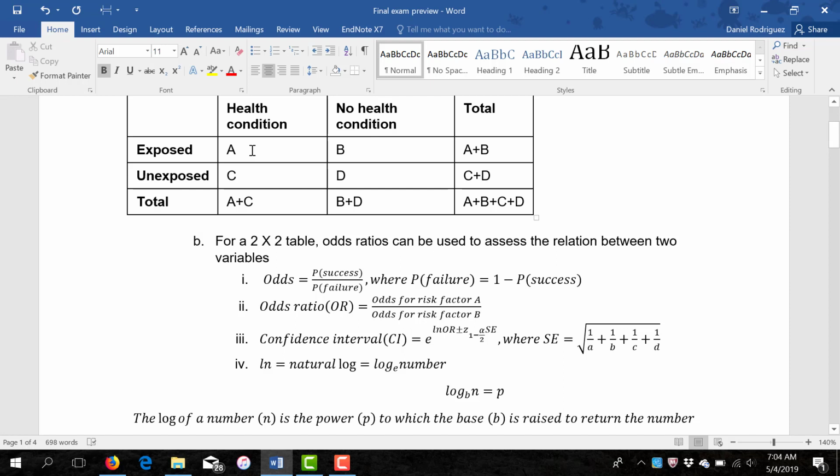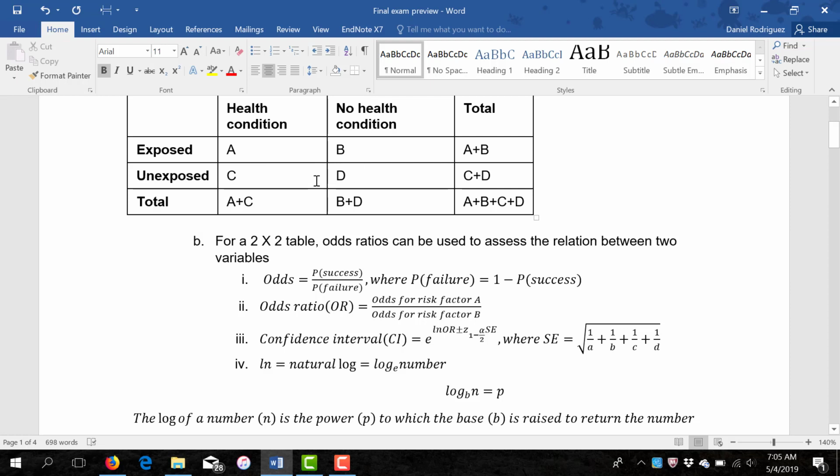The odds of success for individuals who are exposed would be A divided by B. So that would be what you would have for one level. Those are just the odds. If we were looking also at the odds of having lung cancer among those who are unexposed, it would be C divided by D, because C would be success, again, having the health condition, and D would be failure, not having the health condition.